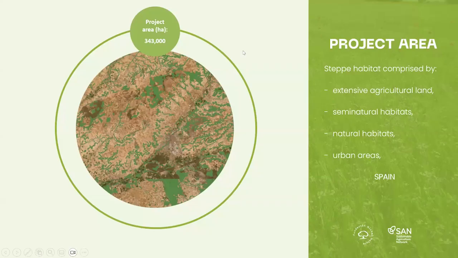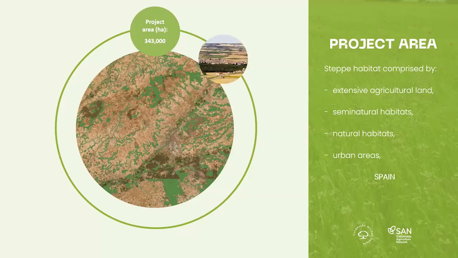So, for example, let's travel to a steppe habitat in central Spain, a steppe habitat in which our project area is comprised of 343,000 hectares. That is the circle that you see there. That is the landscape.